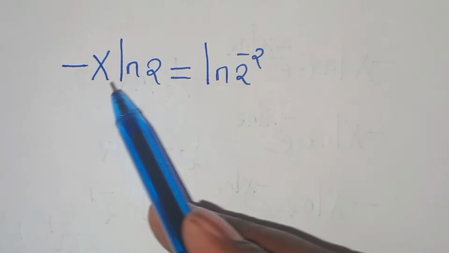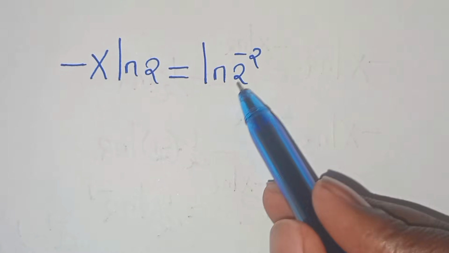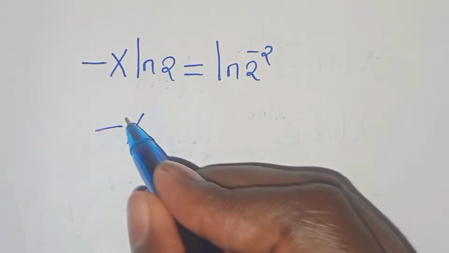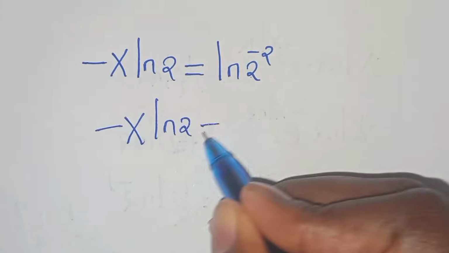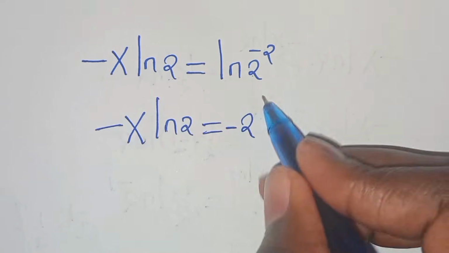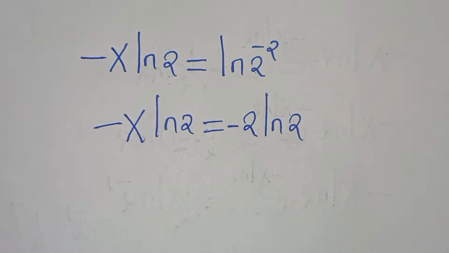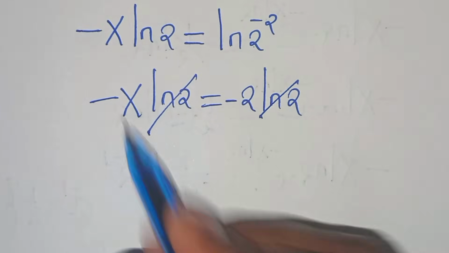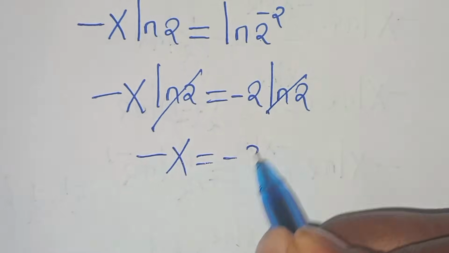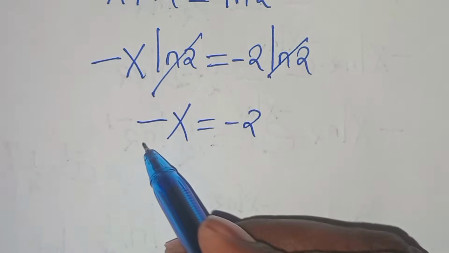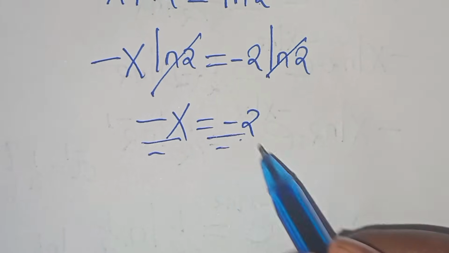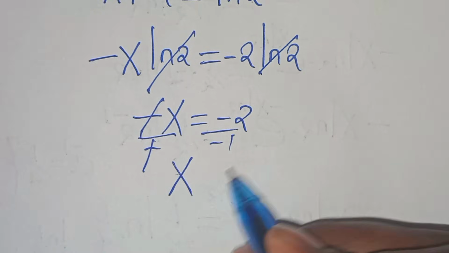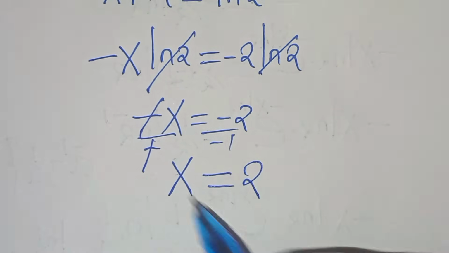We can express this as minus x ln of 2 equal to minus 2 ln of 2. Okay, so ln of 2 here simplifies so that we have minus x is equal to minus 2. So we can divide both sides by minus 1, so that minus and minus simplify and we have x is equal to 2.